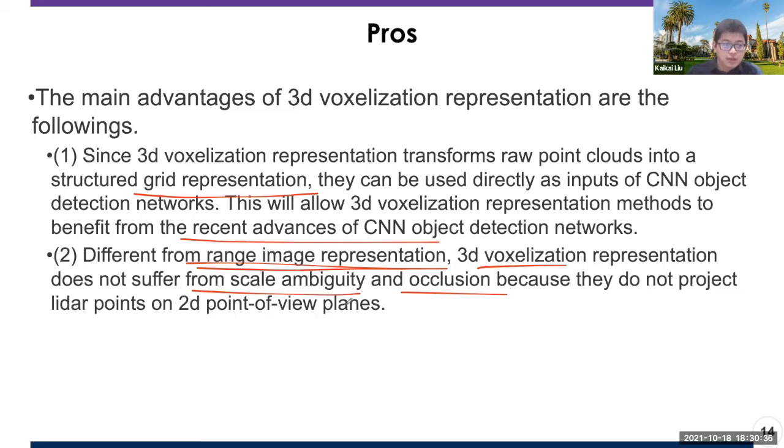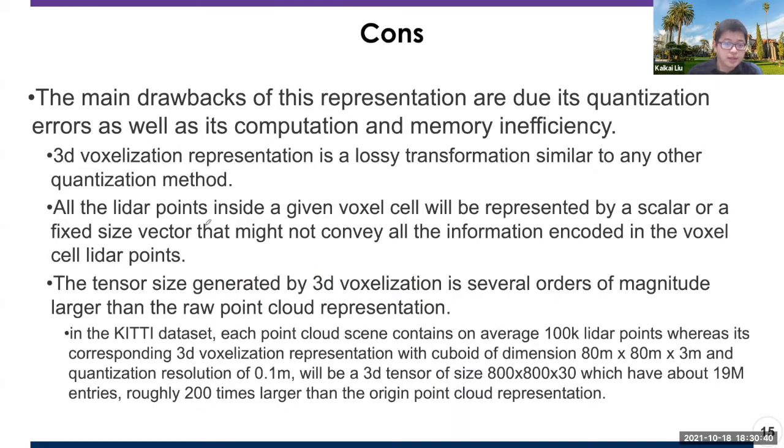But there are also other problems with this 3D voxelization process. It still loses some information, although it's a minimum loss. When you do the voxelization process, every cell represents a fixed size vector, so definitely some information is lost.